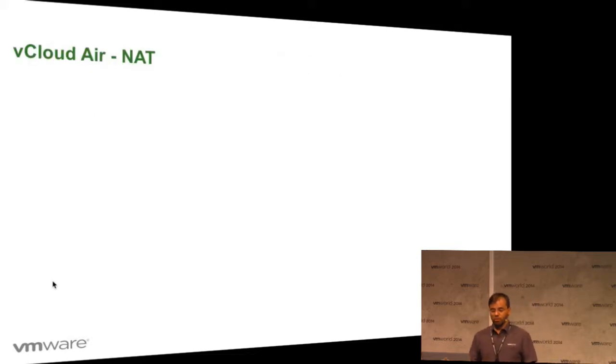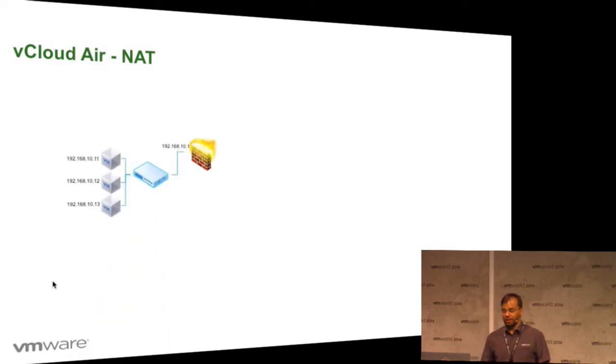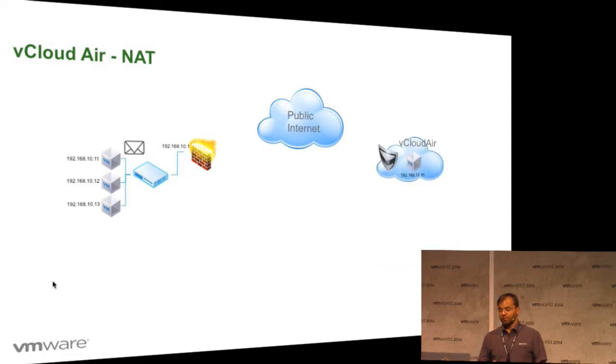So we assume that on the left-hand side we have our on-prem environment connected to the public internet, and we have a virtual machine on-prem that, as traffic leaves that environment destined to a vCloud Air workload, will be SNATed at the on-prem environment.